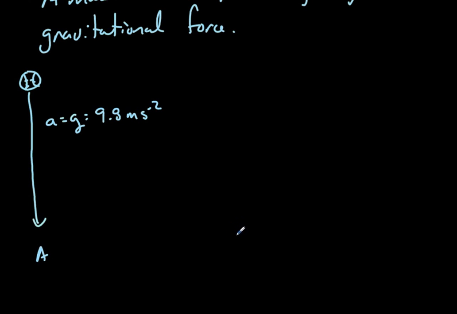Type B is similar, except it involves you shooting an object upward with some initial velocity, which in IB we don't call VI, we call it U. So some initial velocity, U, and up it goes, okay?